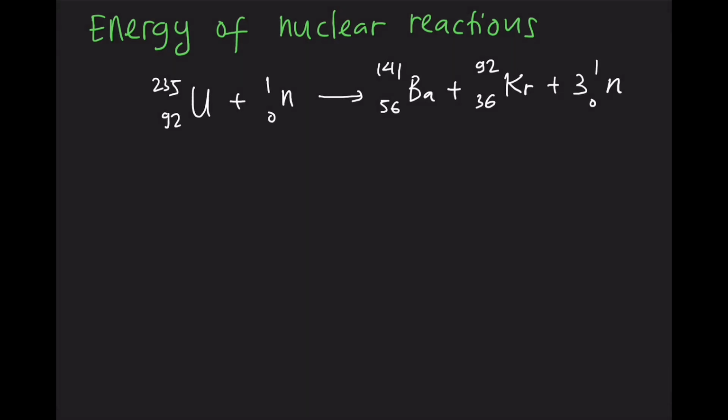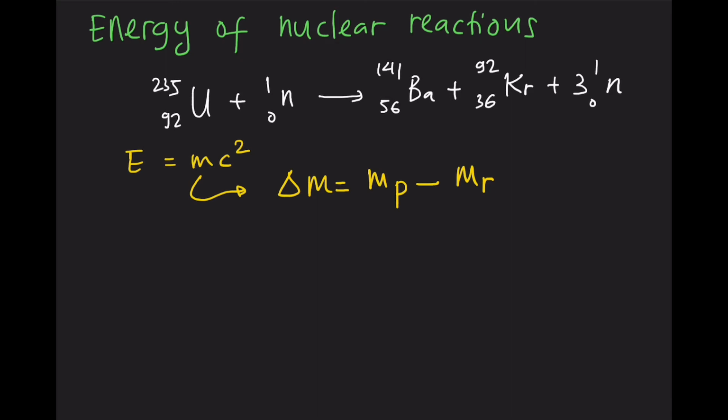Now in this case, we can calculate the energy based on the Einstein equation, which is E equal to mc squared. And the m we will obtain actually from the mass defect. So the mass defect is the mass of the products minus the mass of the reactant.